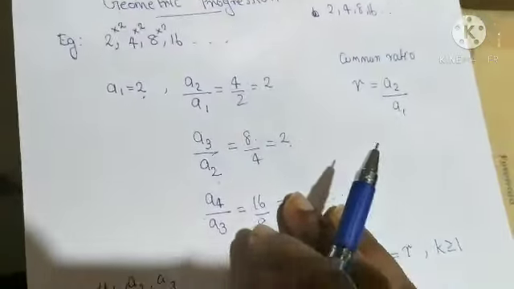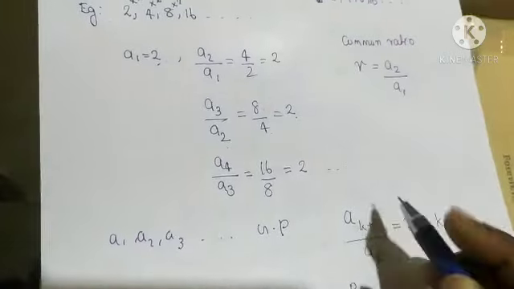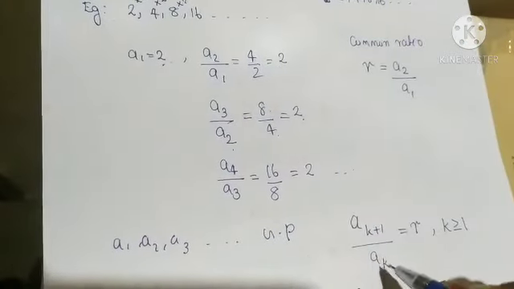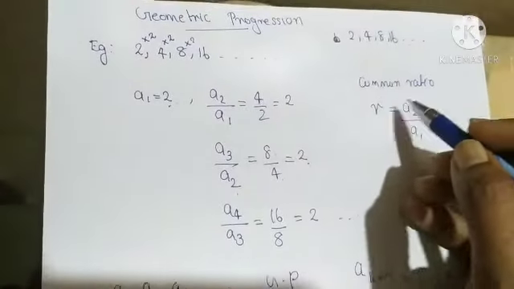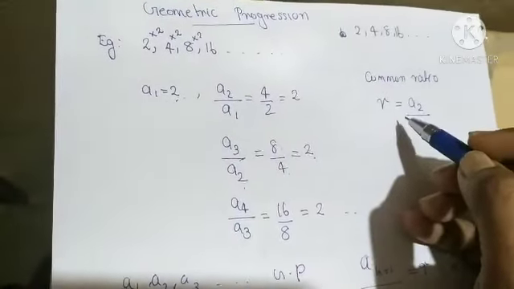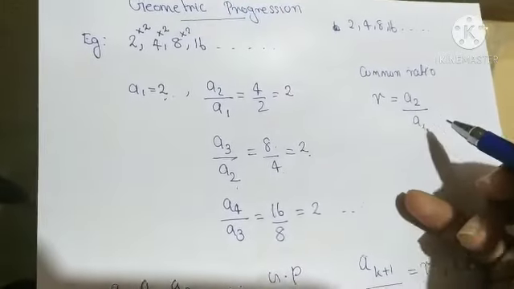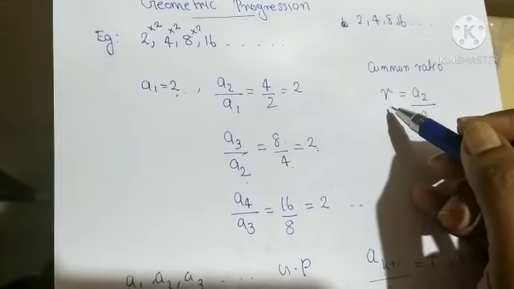This common ratio can also be represented by a(k+1) by ak, or simply, the common ratio is equal to a2 by a1, the second term by the first term.